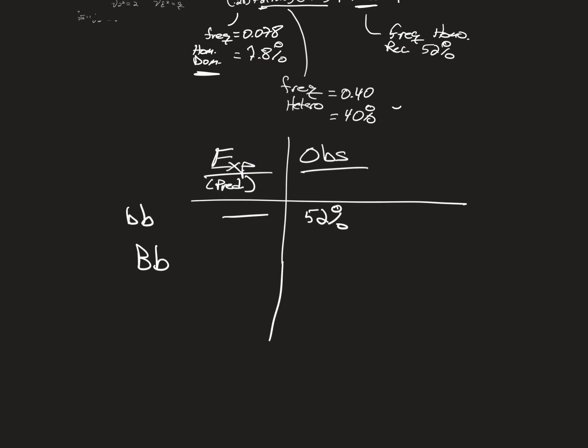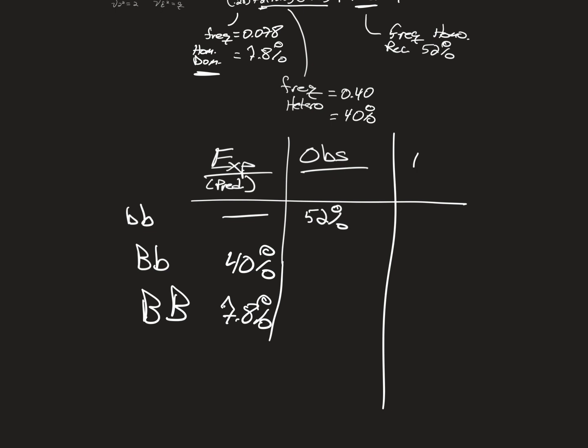We expect there to be 40%. And big B, big B, we expect there to be 7.8%. In the case of our experiment, we know that there's 9 out of 17. We know it's actually 18, but we'll say 17. How many out of 17 would we expect to be heterozygous?